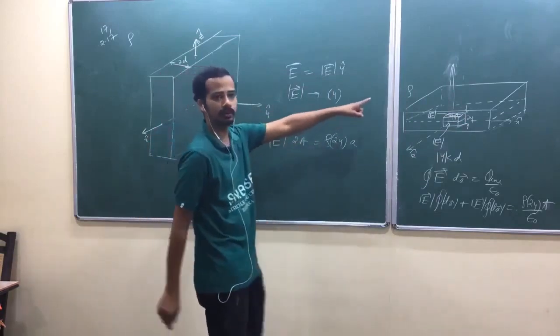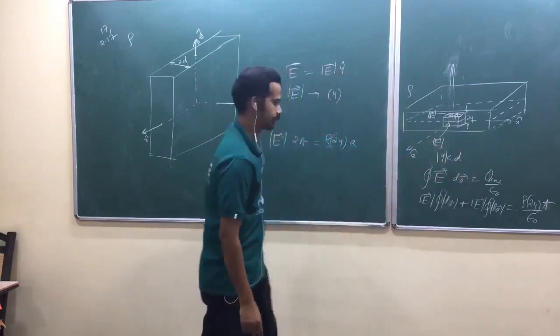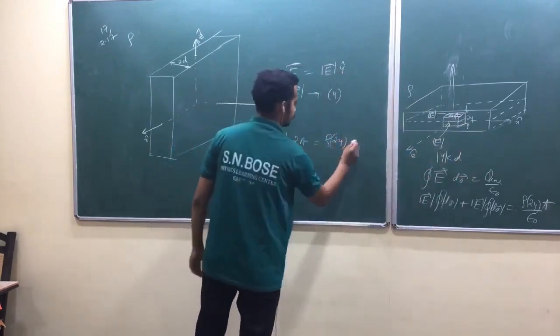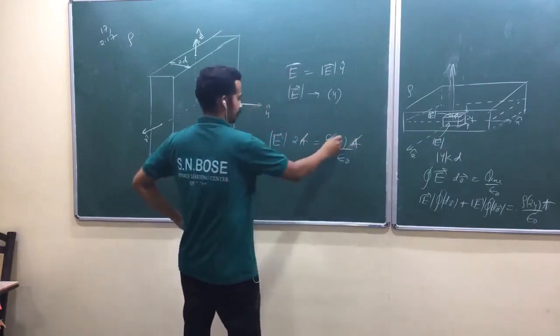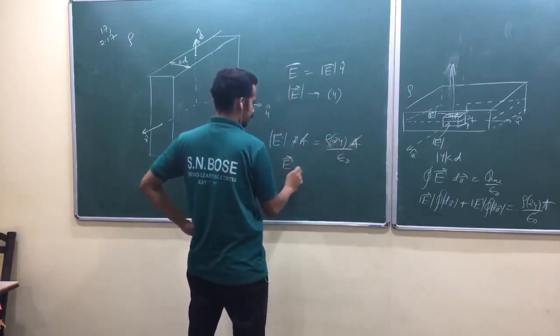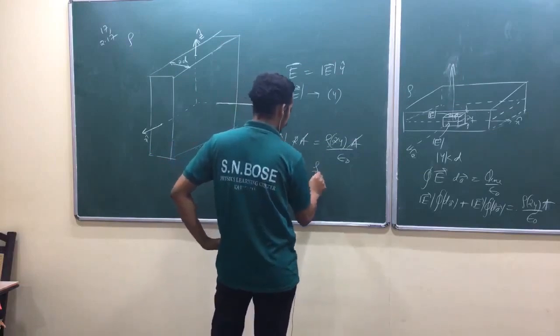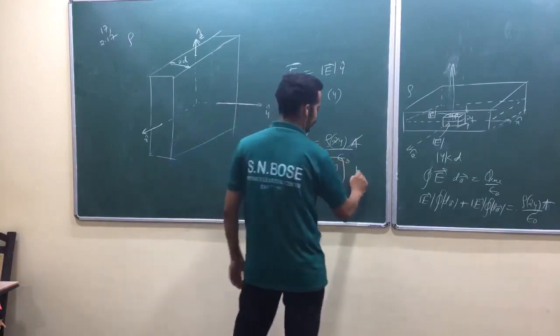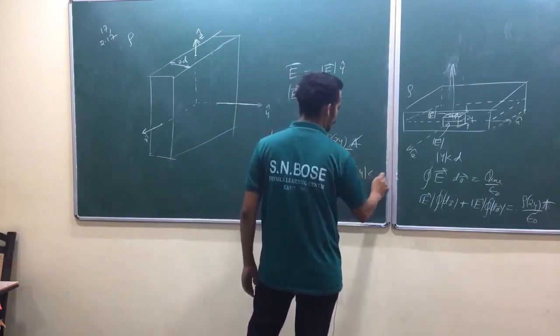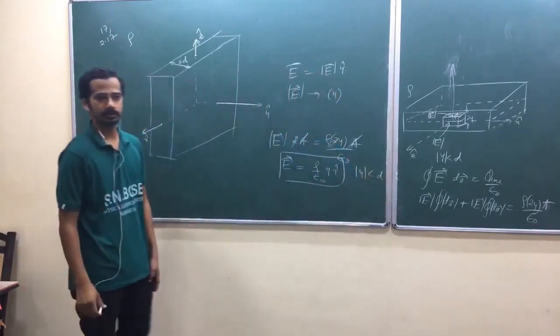Rho is constant, you don't have to worry about this one. Again, area divided by epsilon naught. So 2 got cancelled. The electric field will be rho by epsilon naught times Y cap, when mod Y is less than D. Mod Y less than D means minus D to plus D.